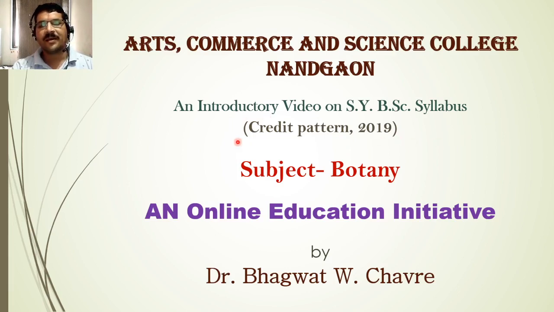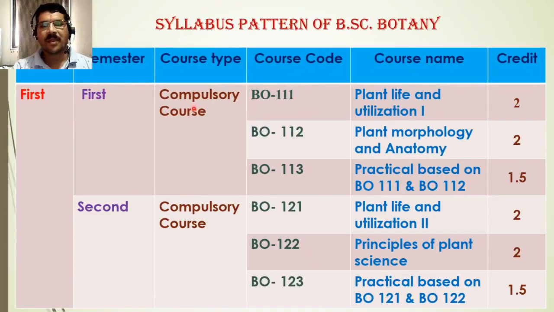We know very well that from last year, University of Pune introduced the choice-based credit system for B.Sc. You already completed your first year with this type of pattern. First of all, we will do a revision of the first year syllabus.